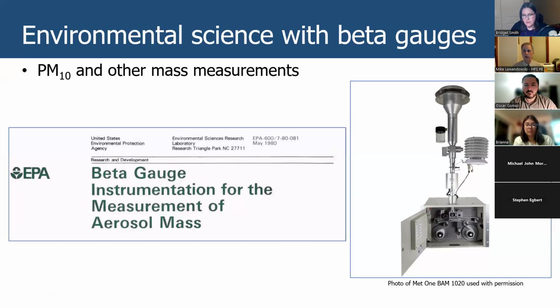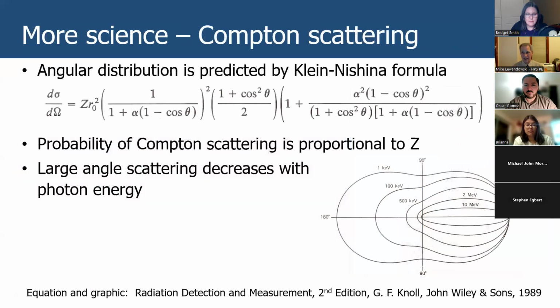All right, so if we go forward and talk about more science, so we talked about beta particles, let's go back to gamma rays again. And if we think about the distribution of Compton scattered photons, you might remember the Klein-Nishina formula.